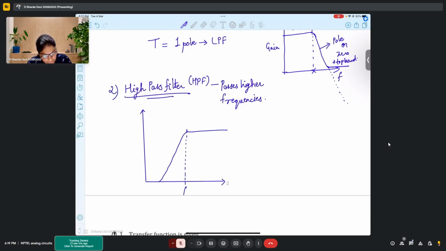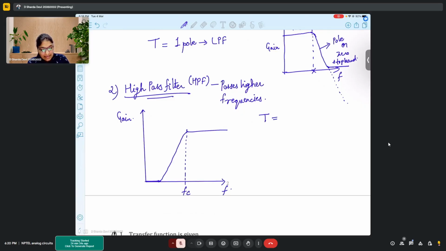Okay, so this is FC, F and gain, right? Now if I want to design this high pass filter, what type of transfer function would I need? How many poles and zeros would I need at minimum to design a high pass filter?